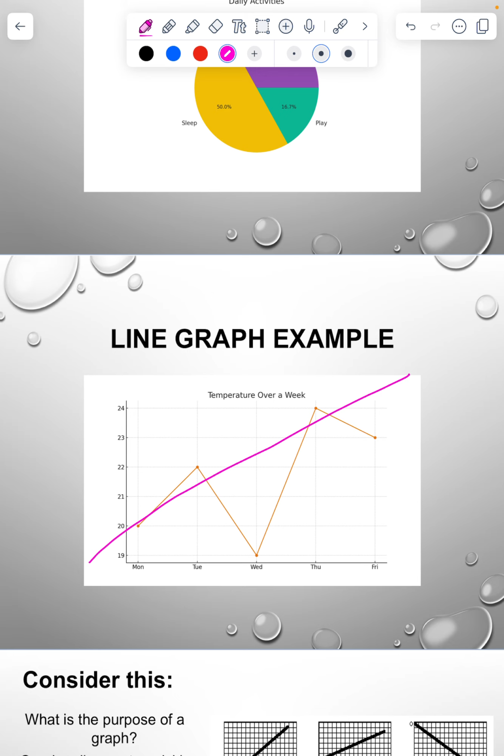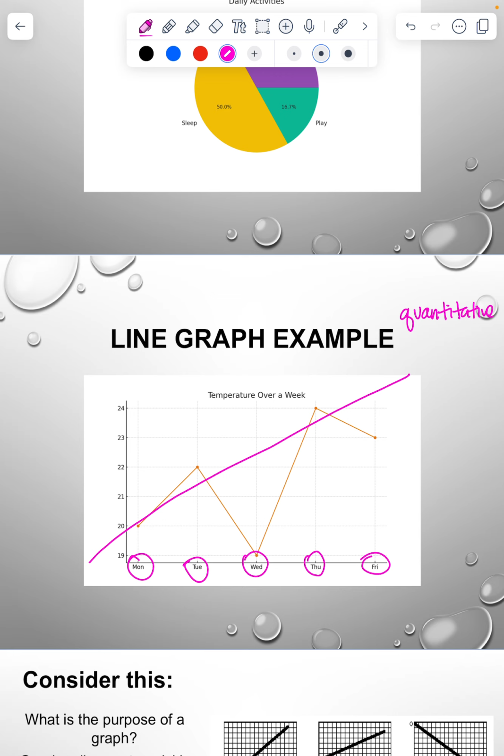Another thing that I wanted you to see here: we do have this line graph, and remember that line graphs are used with quantitative data. But if we look down here on our x-axis, Monday, Tuesday, Wednesday, Thursday, Friday, that's not numbers.